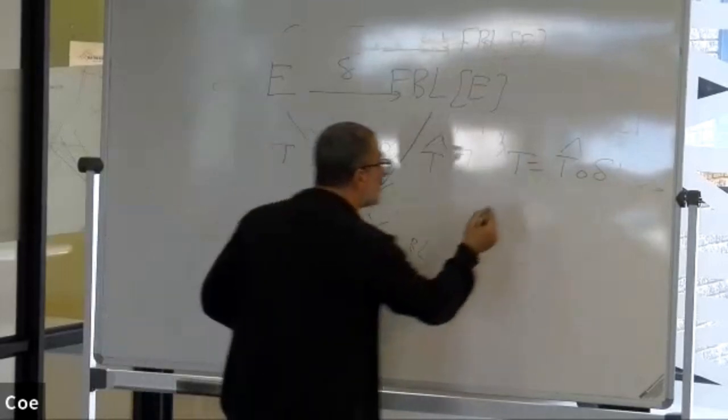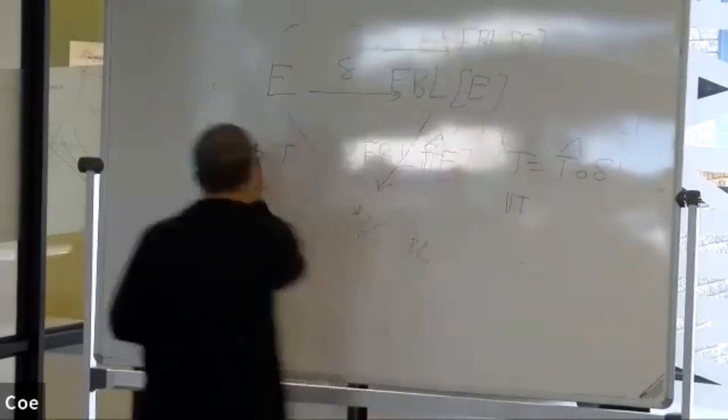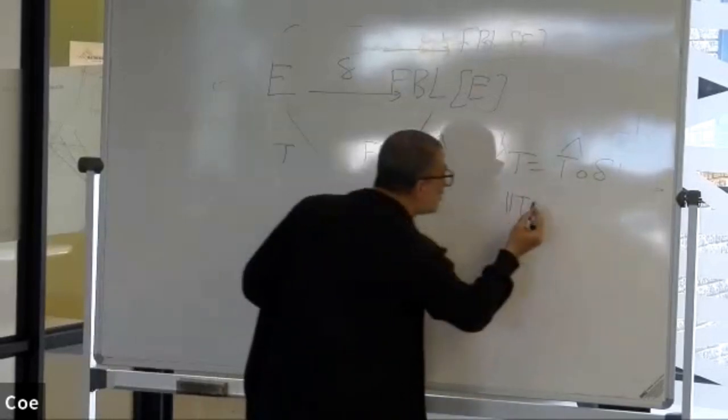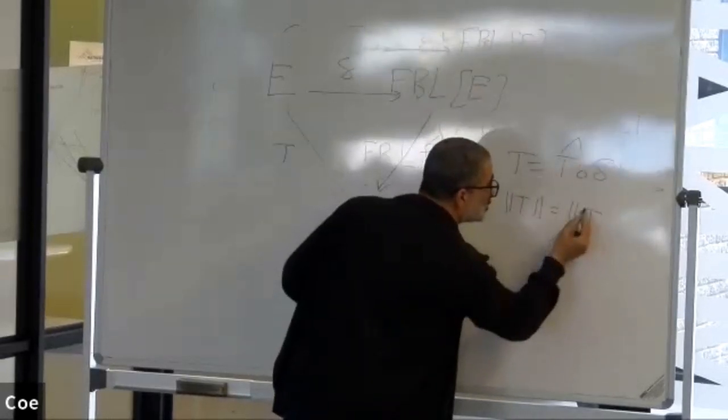Another condition is that the norm of T, because we assume here that T is linear and bounded, is equal to the norm of T hat.